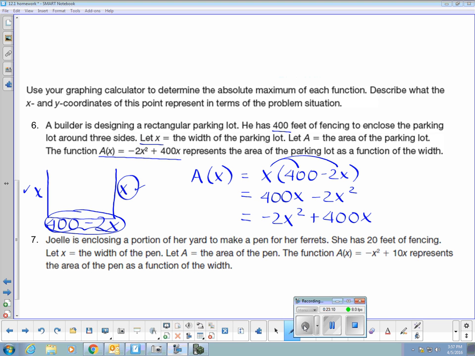Now you can place that function into your graphing calculator to find the absolute maximum using your second calculate, and then describe what every x and y coordinate represents in terms of this problem situation.